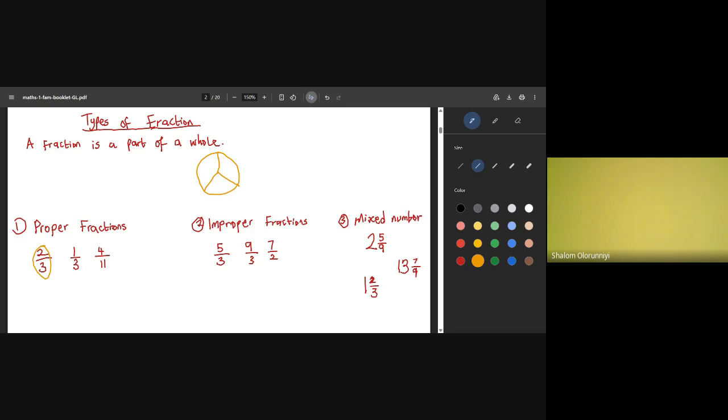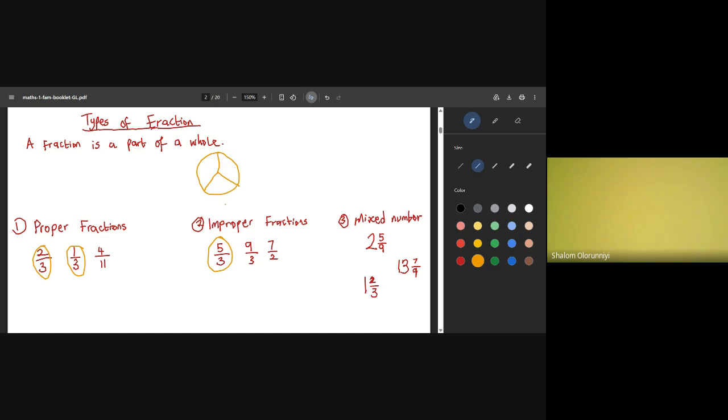If we were asked to pick 1 part out of the pizza, that would be a proper fraction, because it's possible to get 1 out of 3, right? But if we were asked to pick 5 out of just 3, that would be impossible. So that makes it improper, right? And then 9 out of 3, that's way too much. How am I going to get that?